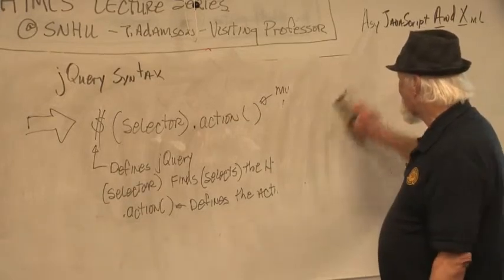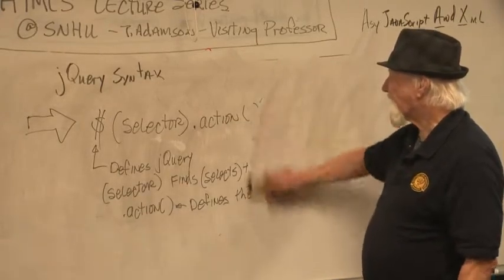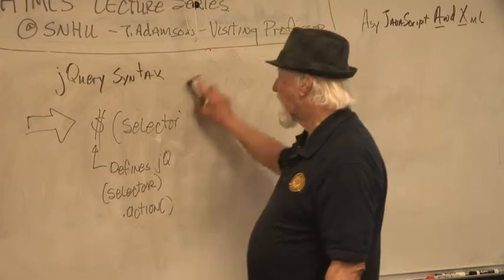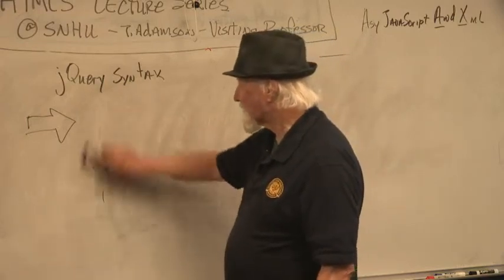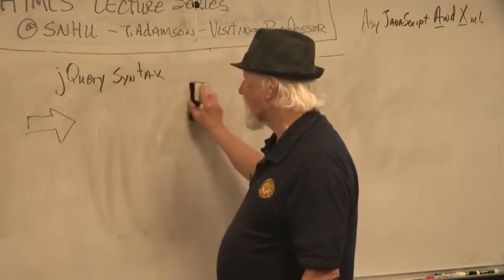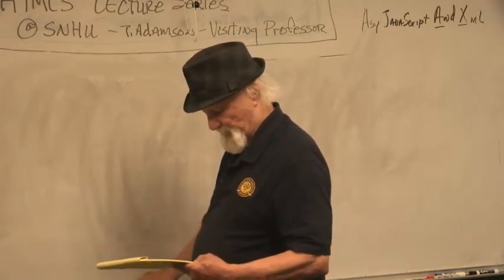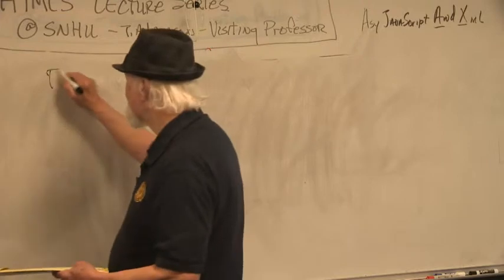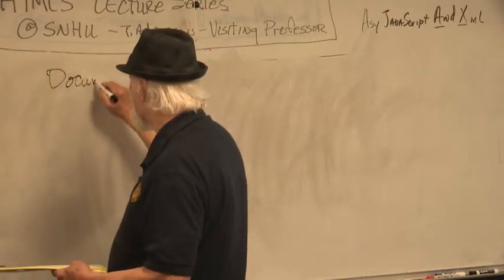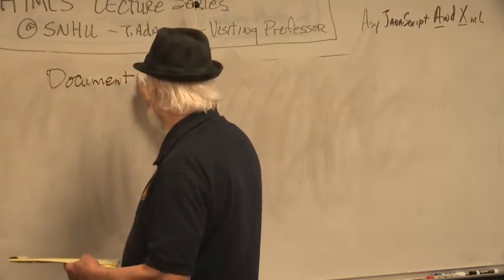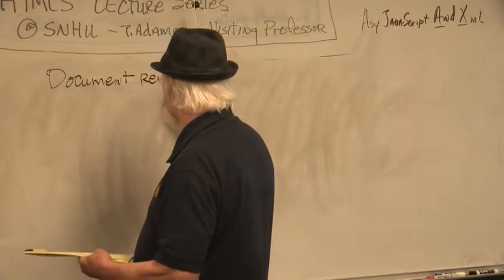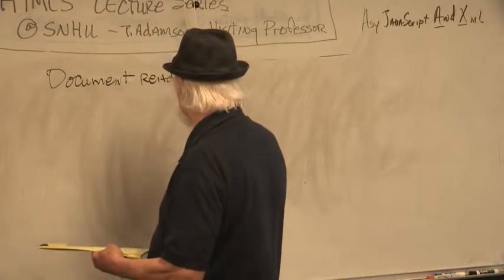Now, the next thing I'm going to show you is something that, in the years that I've taught jQuery, is a little bit confusing to students, so I'd like to take some time and explain what the deal is here. There is what's called a document ready event.